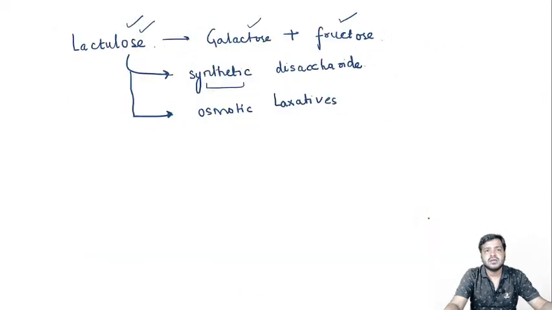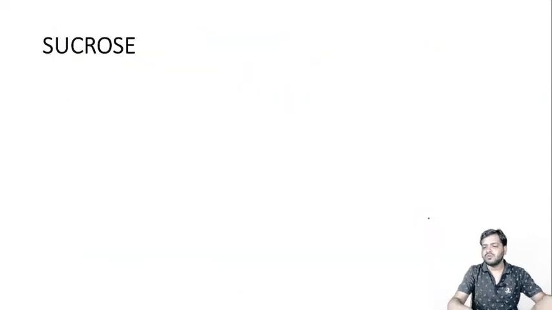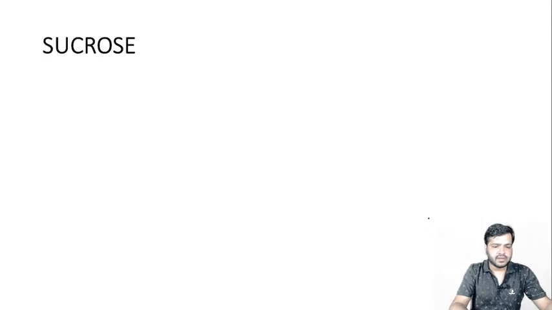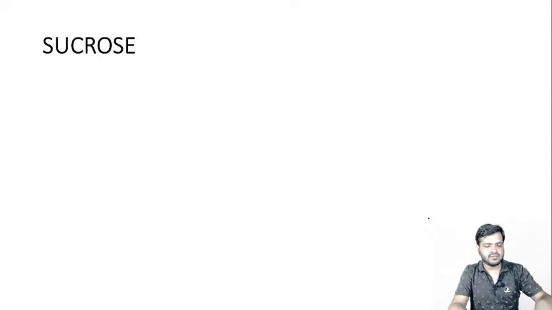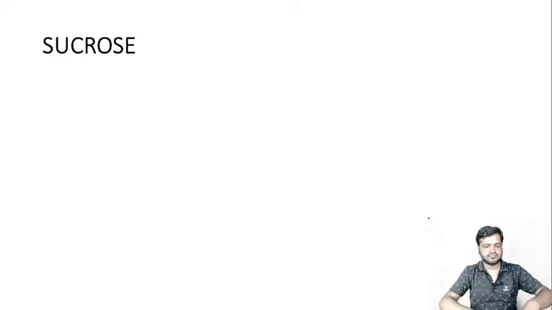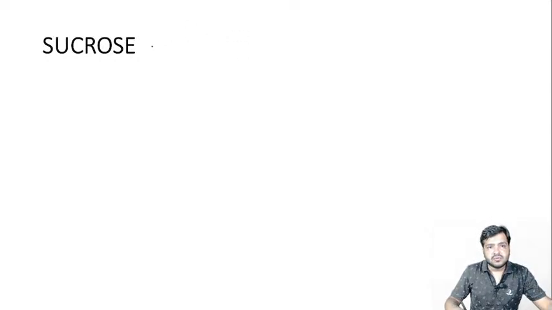Rimsha, okay, perfect. So now coming on to sucrose, that is the last disaccharide that I wanted to discuss with you people. You are very much aware that sucrose is basically a disaccharide made up of two sugar units, that is glucose plus fructose.